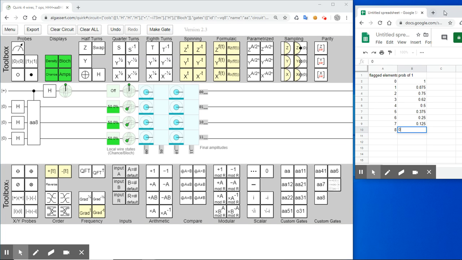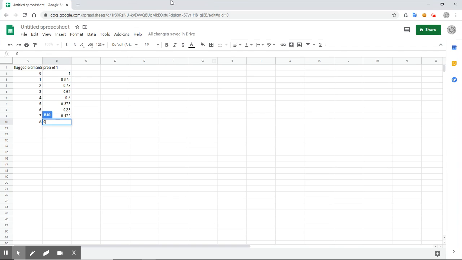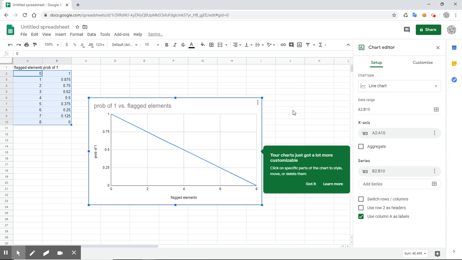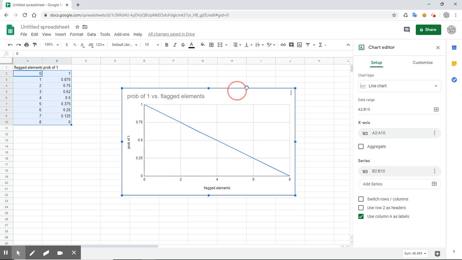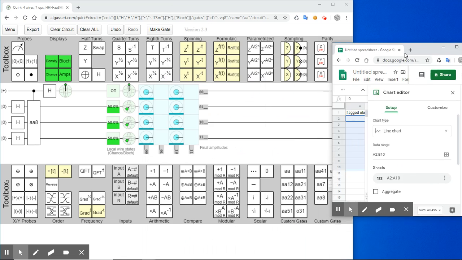So if you plot that, yeah, it's just a straight line. So basically, there's literally a proportion here.